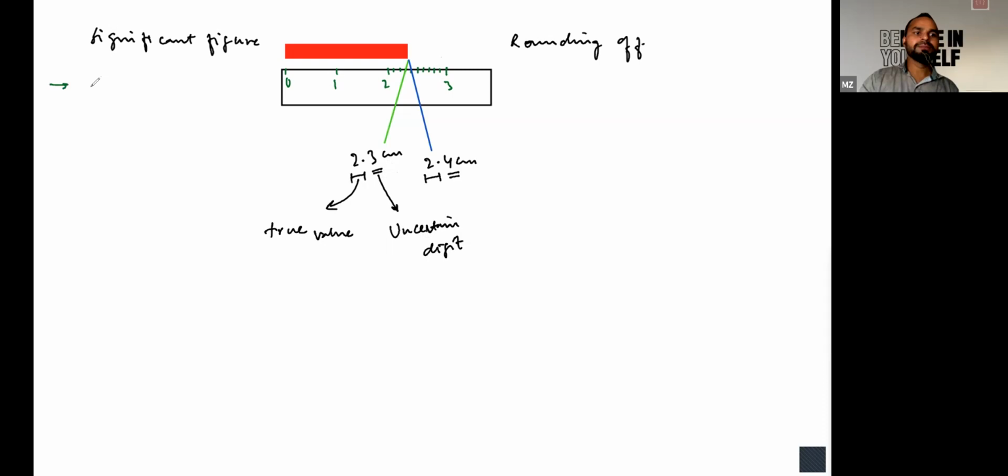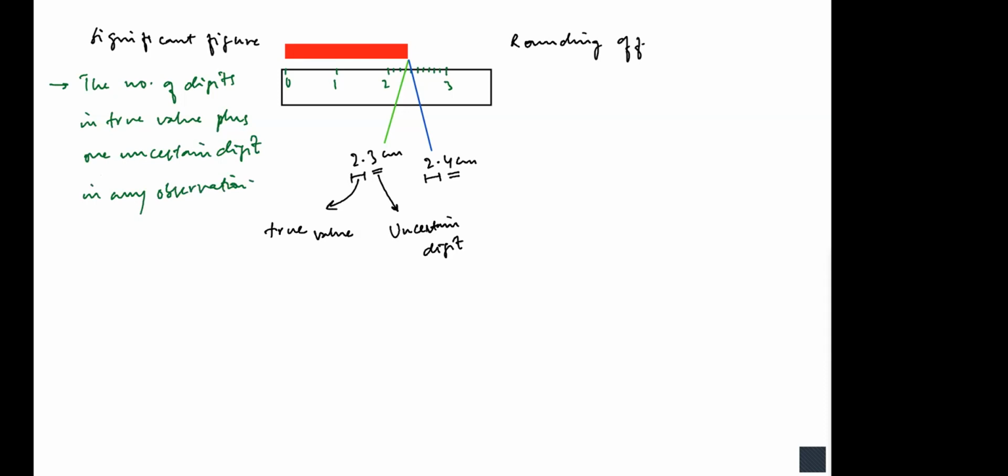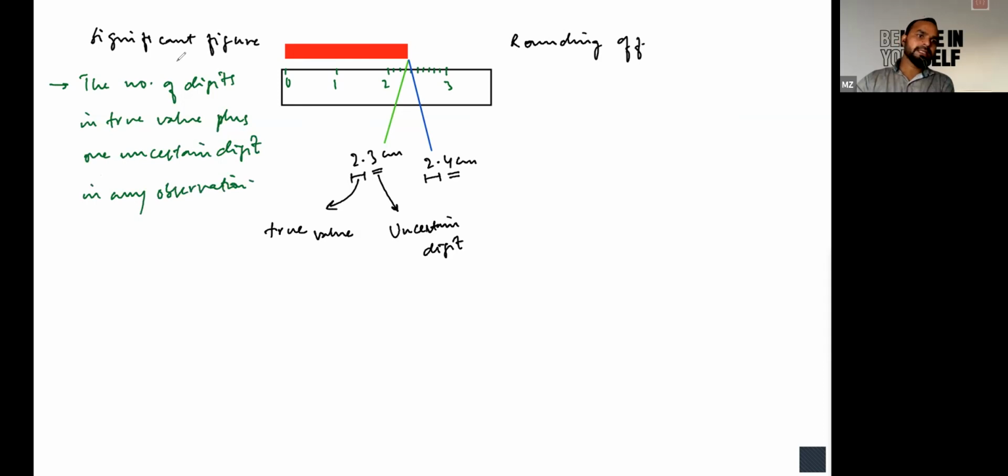Significant figure simply defines the number of digits in true value plus one uncertain digit in any observation. Ellen, is it clear to you? Yes.